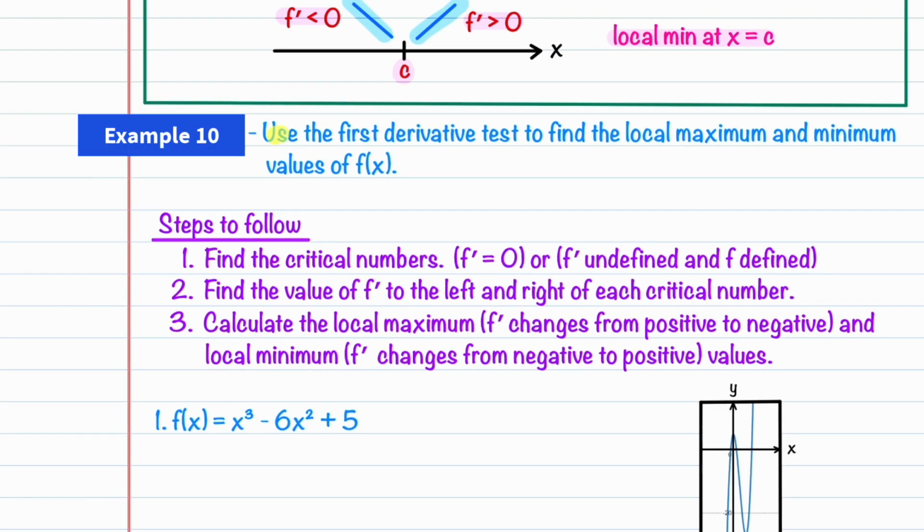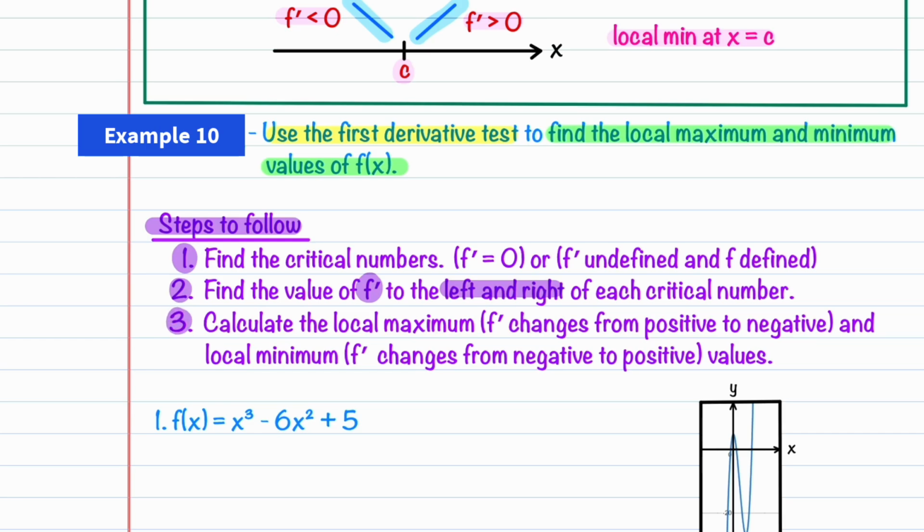We are going to use the first derivative test to find the local maximum and minimum values of f of x. Just to make things easier, I have written down some steps that we can follow. The first step is to find the critical numbers. The second step is to find the value of f prime to the left and right of each critical number.